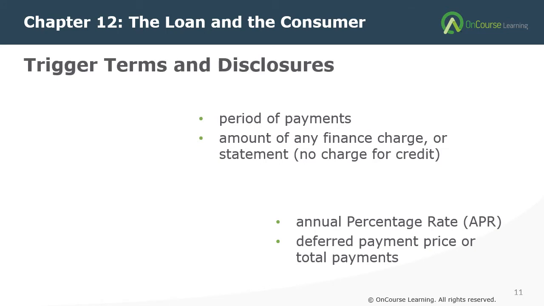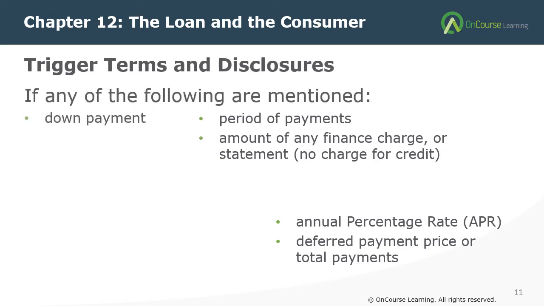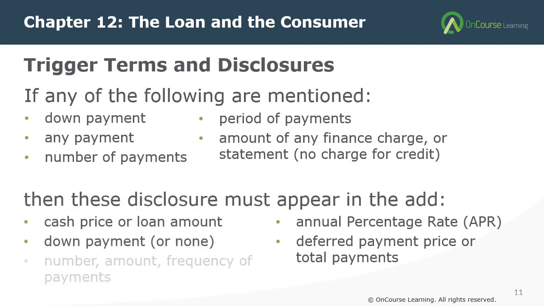Now, according to the Truth in Lending law, if any of the following are mentioned in an ad: any mention regarding a possible down payment, any payment at all, the number of payments, the period of payments, if there's a finance charge or a statement that would be sent out, or even if it says no finance charge.